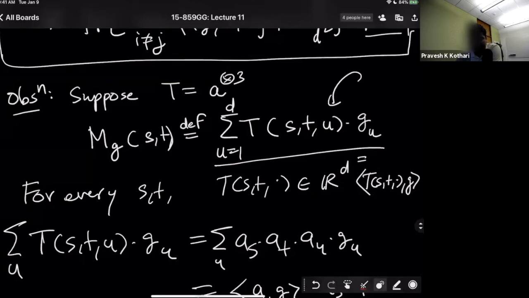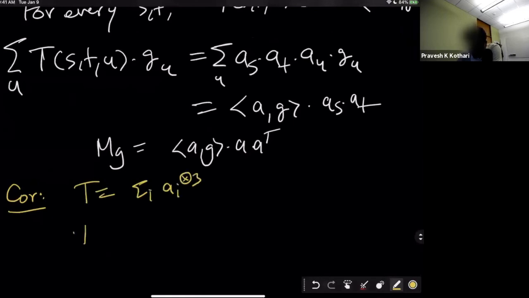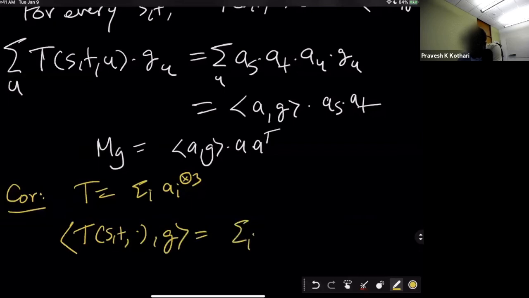So I'll observe that this is a linear operation on tensors, which means if T is some sum of a_i tensor to the 3, then the following operation T_{st·} dot g equals a sum.